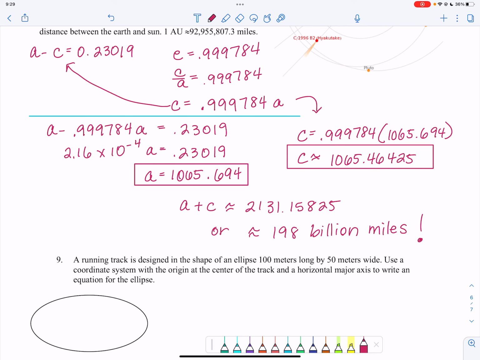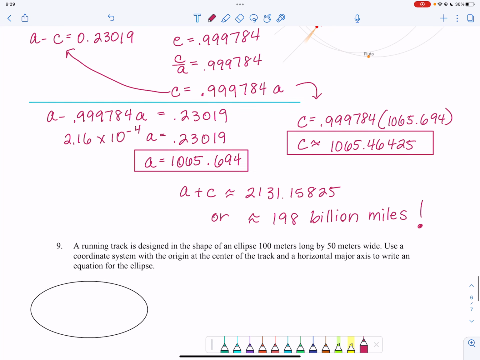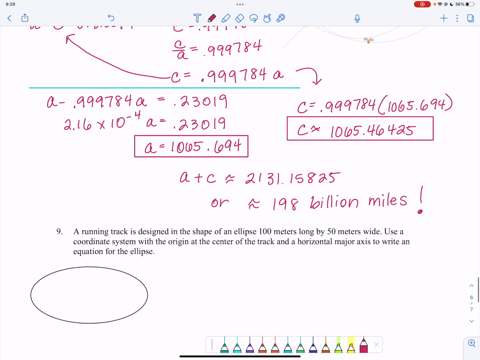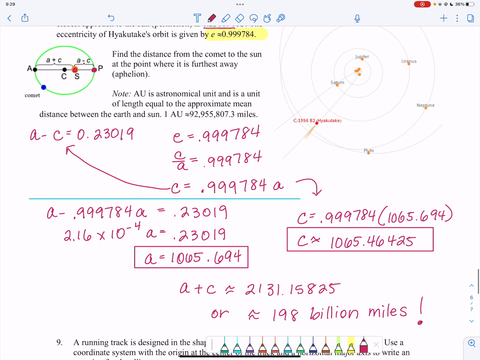That's pretty unbelievable. So if you converted that to billion miles. Okay, let's go ahead, and that's the distance from the comet to the sun. And you can see that right here, this distance right here.